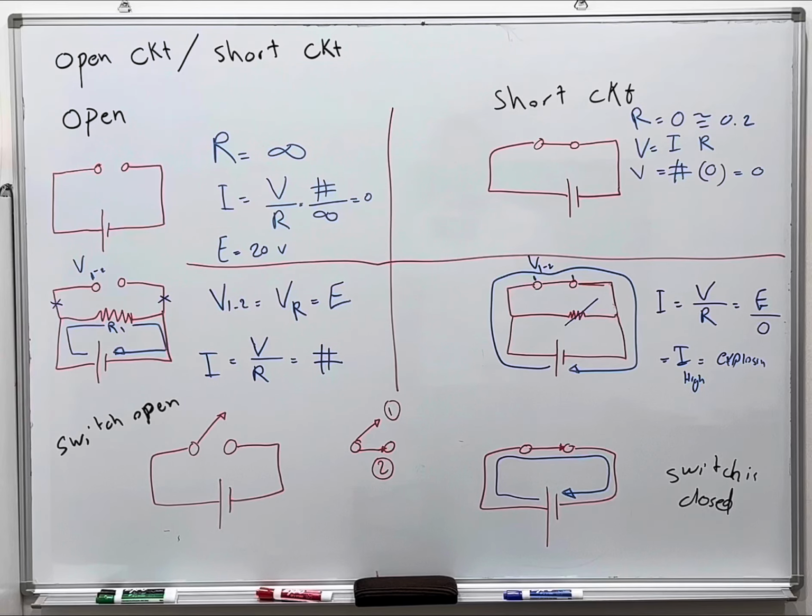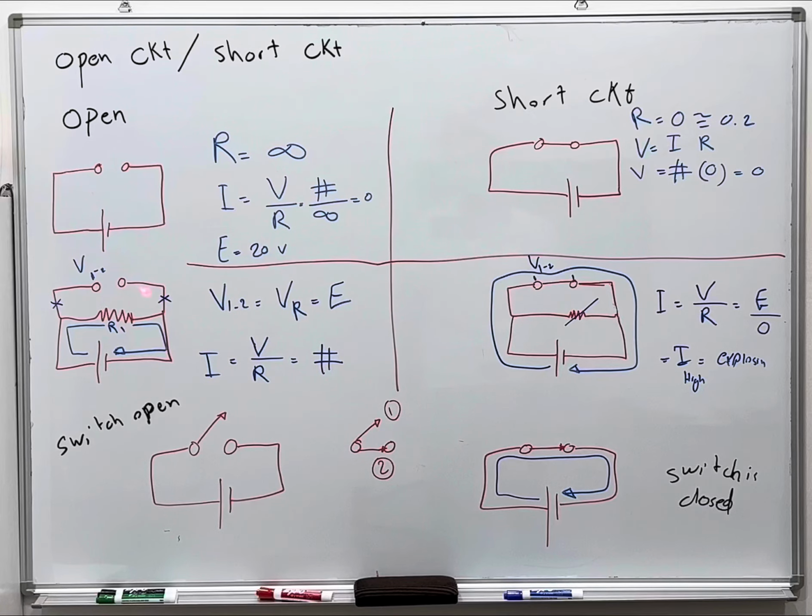Okay. In this case, let's do another circuit. See this source, this is resistance R1, and this is an open circuit. So in this case, V from terminal 1 to 2 will equal VR1, because it's connected at two points with R1.